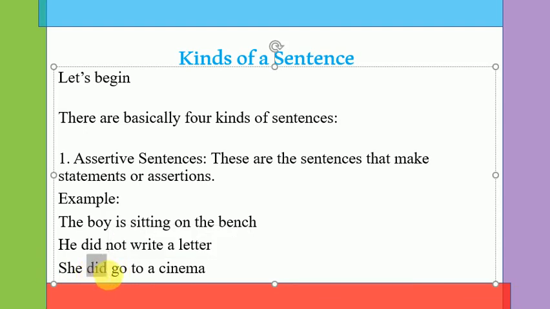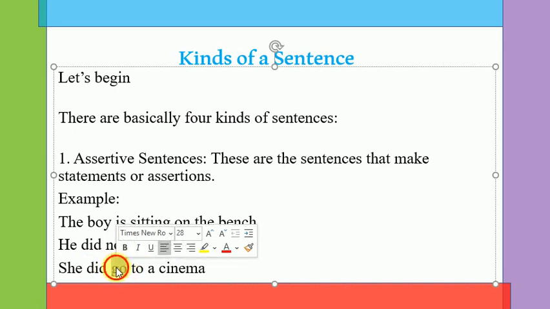Here the person who is saying this sentence is emphasizing that she did go to the cinema. She did go to the cinema. It is putting emphasis on the word go. So it is an assertive sentence as well, because it is giving information, it is making a statement.